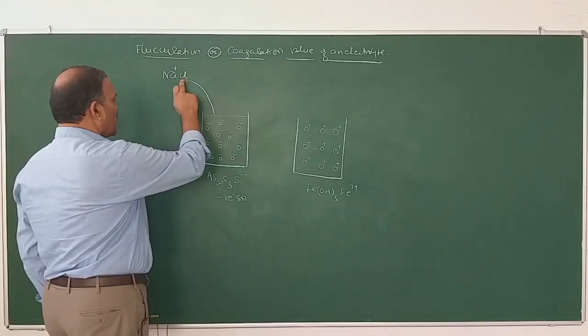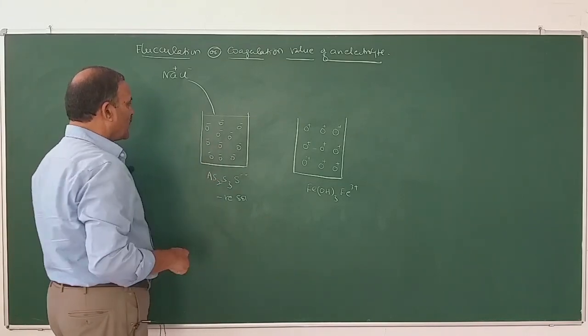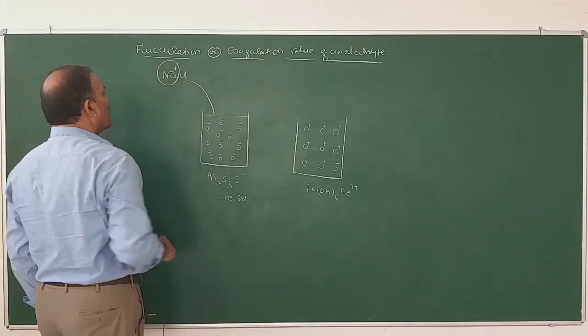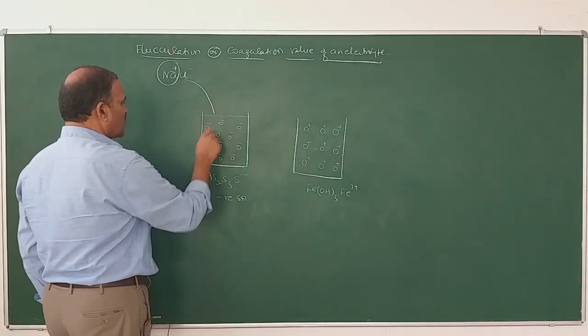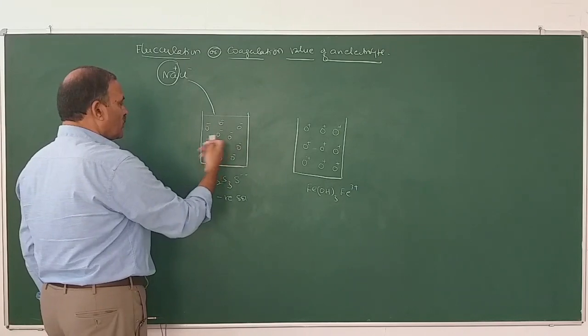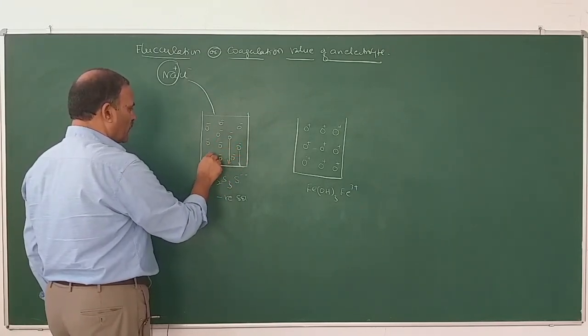When an electrolyte is added to a salt, say for example a negative salt, the positive ions of the electrolyte neutralize the negative charges on the colloidal particles, and after removing the charges, the particles settle at the bottom.